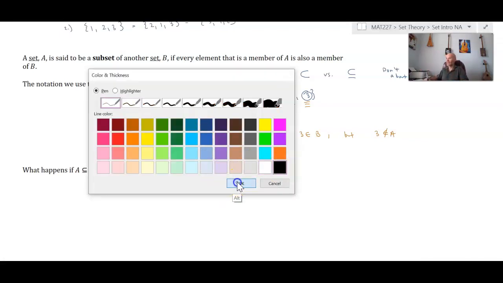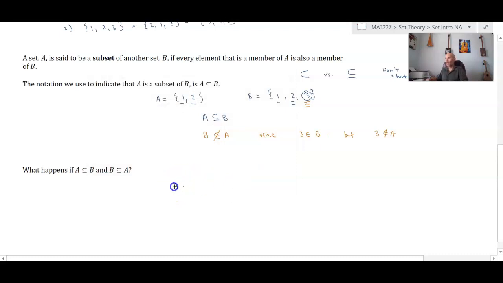So I'll use that as an example where if A is in fact 1, 2, 3, B is also 1, 2, 3, then it's true that every element in A is also in B, and every element in B is also a member of A, and the conclusion that I could draw is that A and B are the same set. So that's a very useful concept because it allows us to assess equality of two sets.